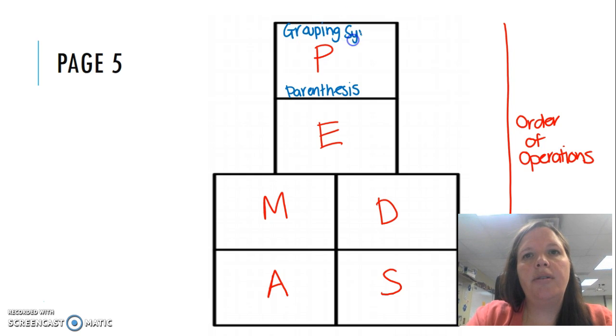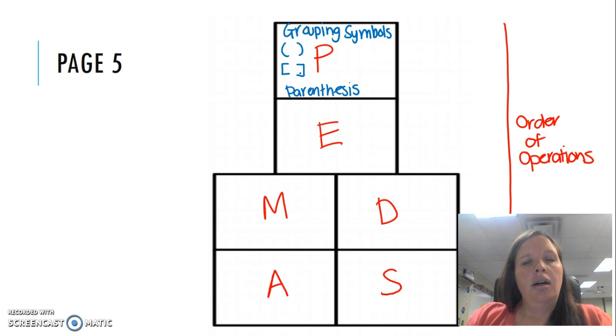Some of these we're going to see now, and some of these we may see a little bit later. But grouping symbols could include parentheses. They could include different types of brackets. Grouping symbols could also be grouping symbols that are invisible to what you see.